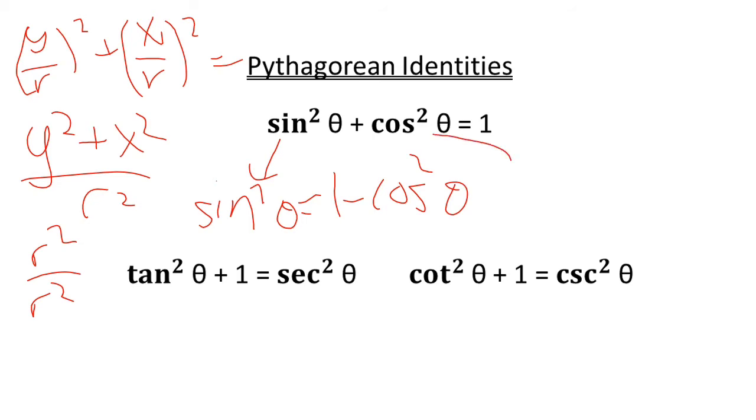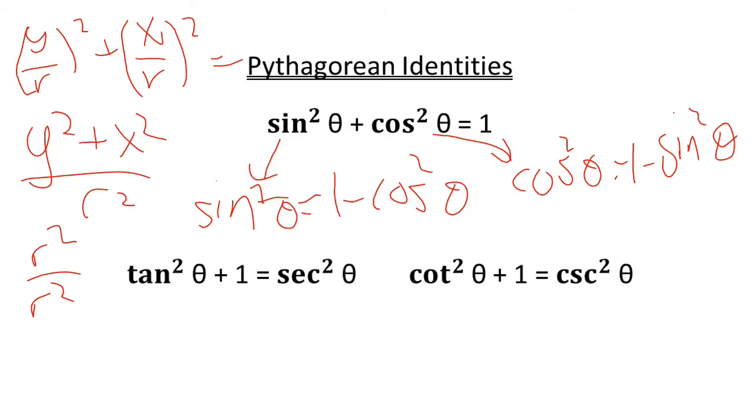Or I could solve for cosine squared theta, in which case cosine squared theta is equal to 1 minus sine squared theta. And this is very useful when you are given sine and you need to find cosine, or if you're given cosine and you need to find sine. So if you have one, you can get the other.